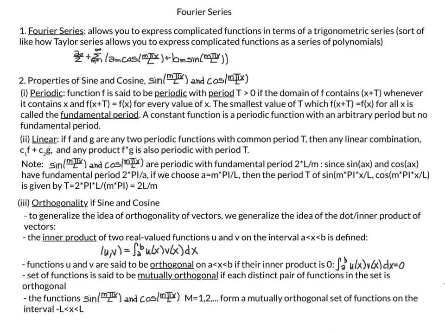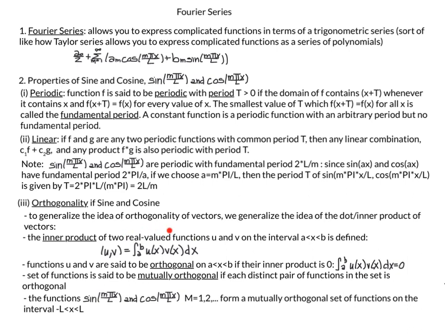The other property of sine and cosine, which makes everything in our Fourier series work, is orthogonality. And we generalize the idea of orthogonality of vectors to orthogonality of functions. And we do that by generalizing the idea of the dot product, which is an example of an inner product. In particular, we'll generalize the idea of an inner product of two real valued functions.